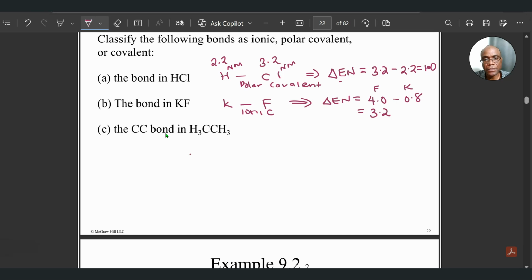Now, in this structure, if I draw it out, it's going to look like this. Trying to draw the Lewis structure of this formula. And they want us to find the properties of this CC bond, whether it's ionic, non-polar covalent, or polar covalent. Now, carbon, we said it was 2.6.